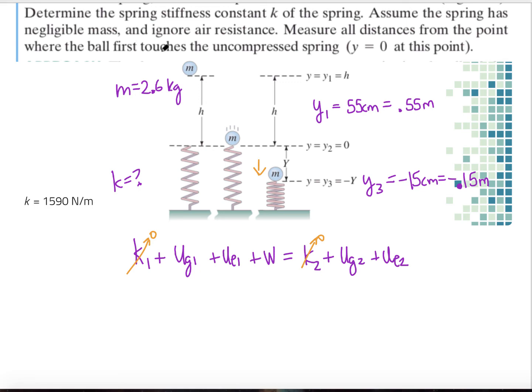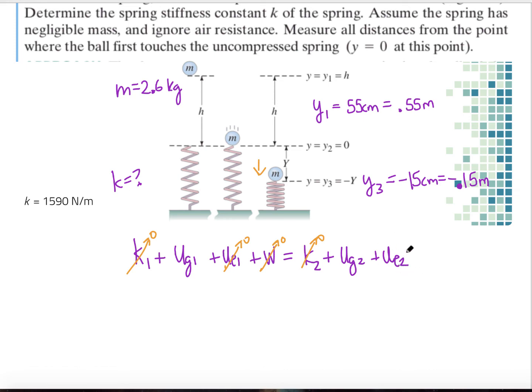Now it says ignore air resistance, so there's no work done by additional forces. Initially, we definitely have some height because we're falling, and we have 0 elastic potential energy because our spring is initially uncompressed. Now we have our final gravitational potential energy, which we'll have because we have a negative displacement here.